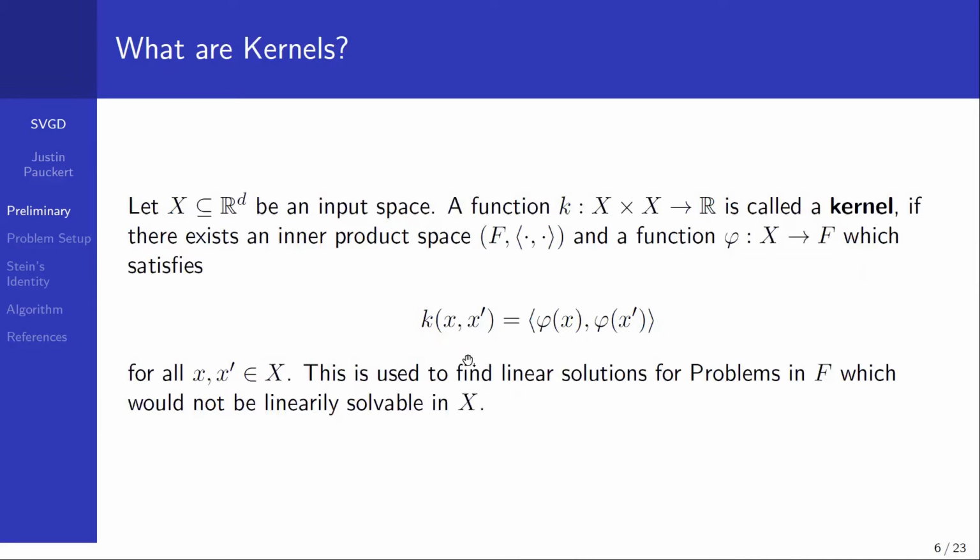So if we have 2 points, x and x prime, the kernel function can be viewed as just a similarity measurement of 2 points, right? They're very dissimilar if they're orthogonal to each other, which would be right here, and they would be very similar if this kernel function is rather large.